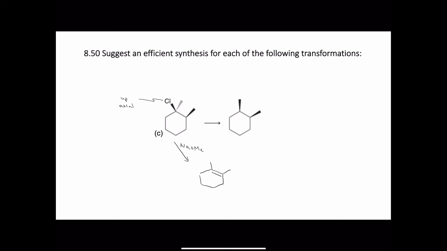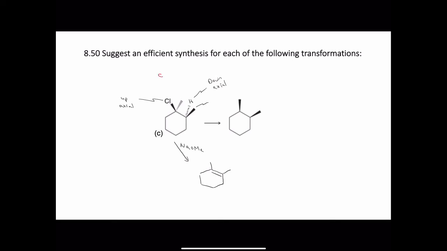And we have this methyl group here, which is up and equatorial, so the proton going down would be down and axial. That means the proton and the chlorine are anti-periplanar to each other, and we can effect that E2 elimination with sodium methoxide.